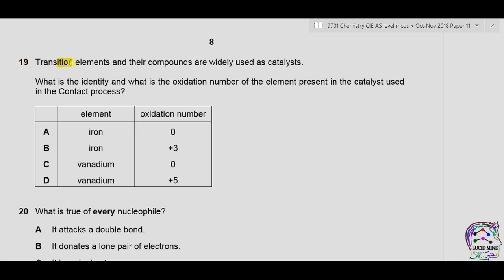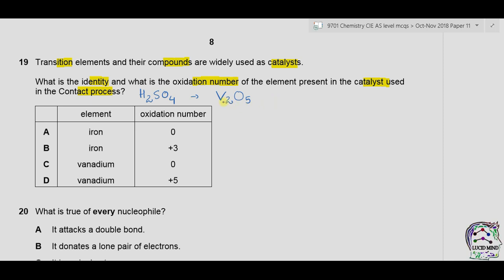Question 19. Transition elements and their compounds are widely used as catalysts. What is the identity and what is the oxidation number of the element present in the catalyst used in the contact process? Contact process is for the manufacture of sulfuric acid, and the catalyst that is used in this process is vanadium pentaoxide, which is V2O5.